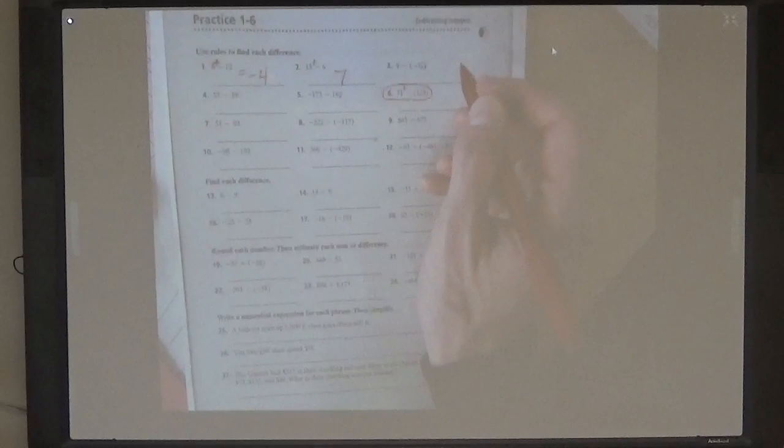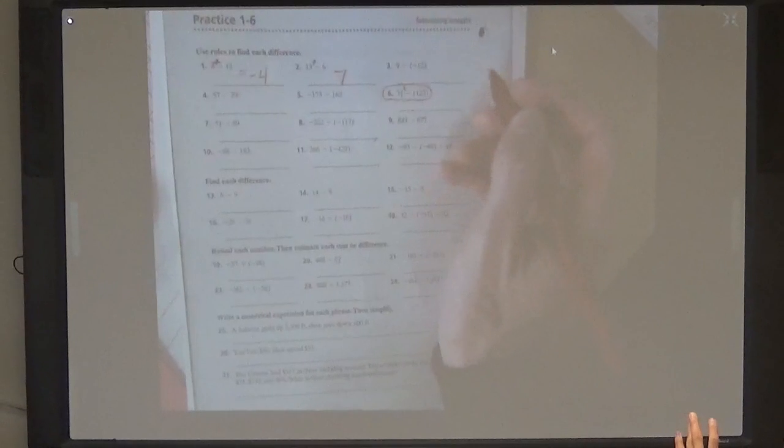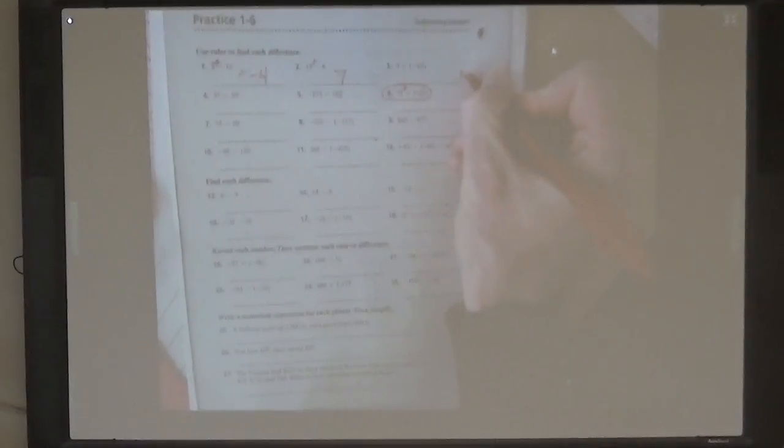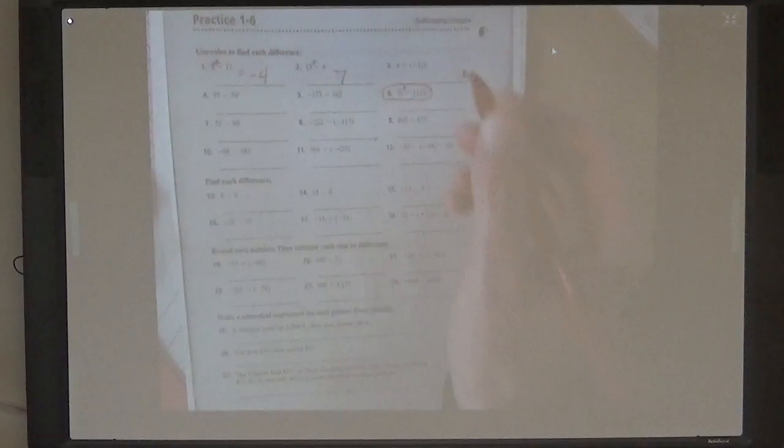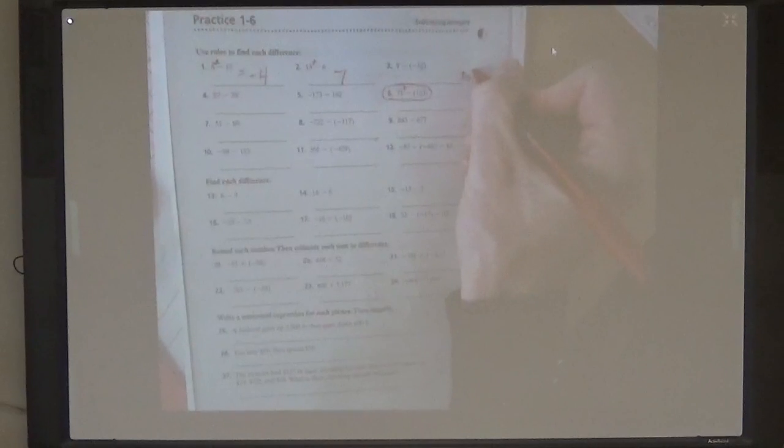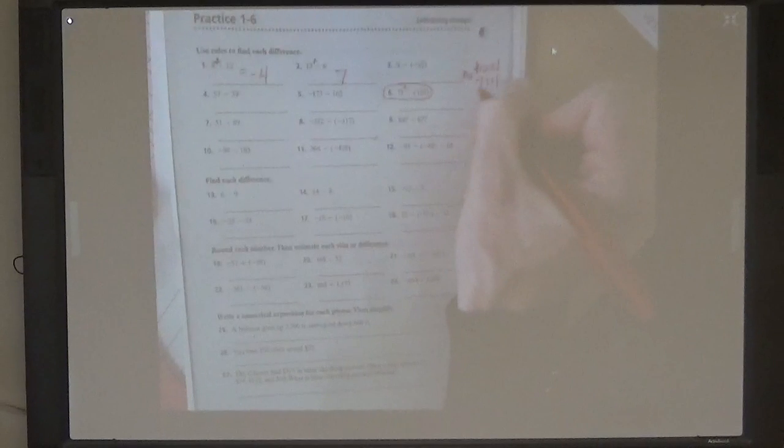This is where it's important to understand you have to find the difference of their absolute values. So if you do this on a math test and you don't have a calculator available, here is what you should do. Since the negative 123 has a bigger absolute value, you write it with the bigger absolute value on top, and then the absolute value of 123 minus the absolute value of 71, and then find the answer.